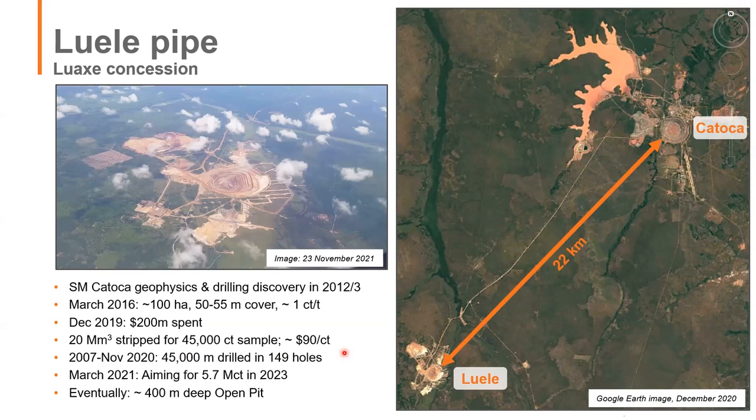You know, obviously, you can make good money on that. You just have to build the mine first. This is how much they've drilled. As of March 2021, they were aiming for 5.7 million carat production in 2023, and eventually it will be a 400-meter deep open pit. That's another thing to look forward to in Angola.